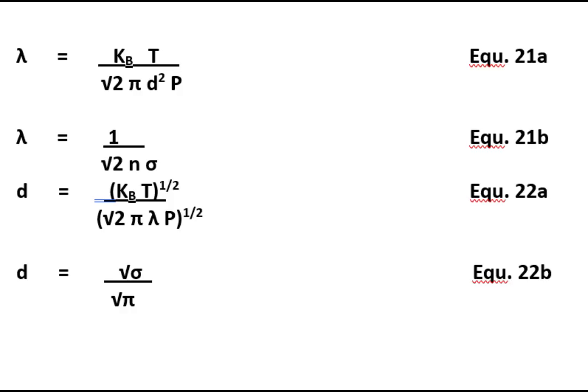Equation 22b could also be used, with just the combination of the square root of the fraction of the collision frequency and pi. Note that sigma equals pi d squared. And all parameters in equation 22 remain as described earlier.